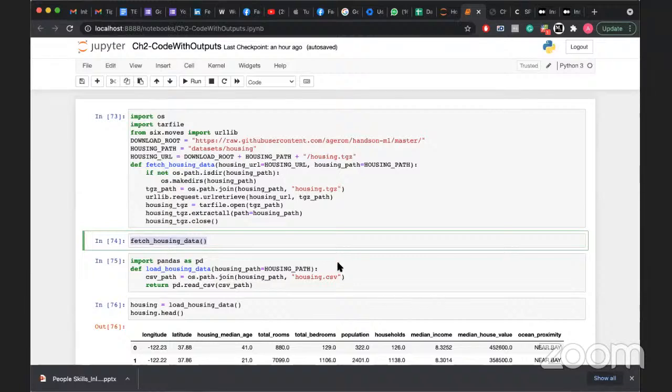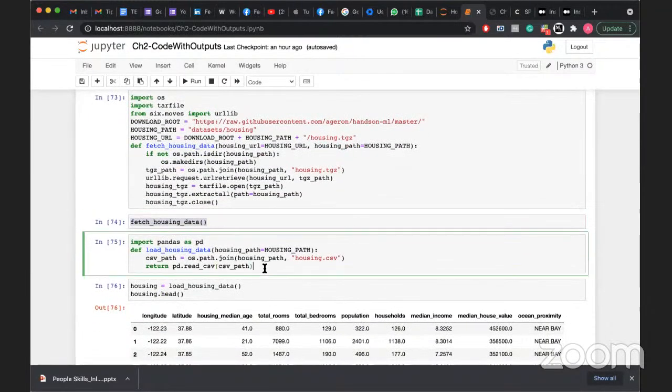Move on. Now what happens? You are loading the extracted data into a data frame. This is a very important concept, guys. A data frame, you can think of it as a data type like an array. It's a very critical data manipulation framework. It's called Pandas.